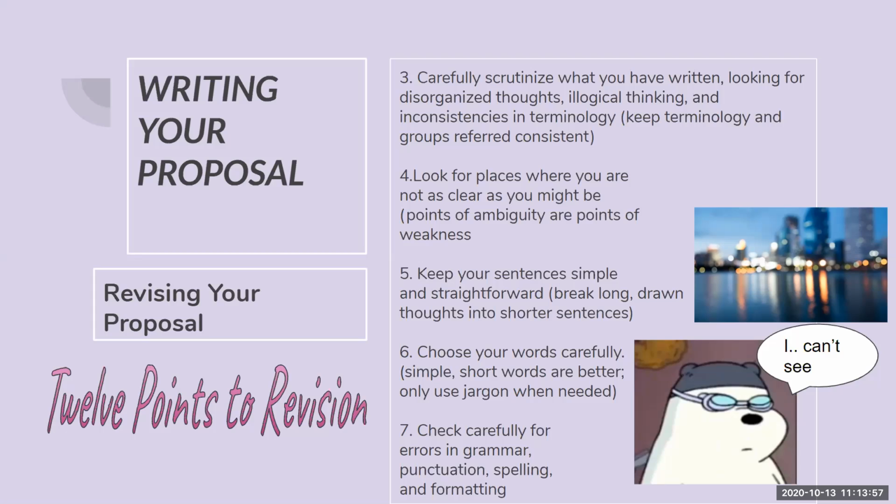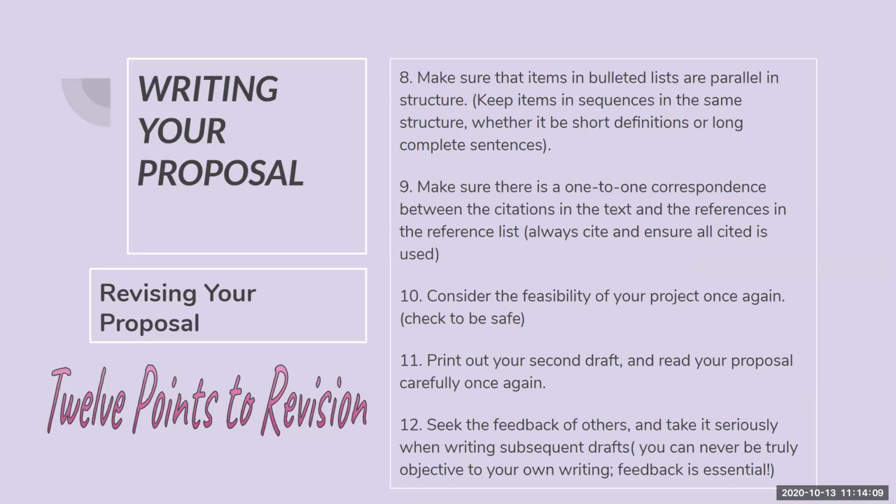Next, check carefully for errors in grammar, punctuation, spelling, and formatting. This is pretty self-explanatory, but you don't want your paper to sound unprofessional at all. Another part of keeping things professional is making sure things are consistent.